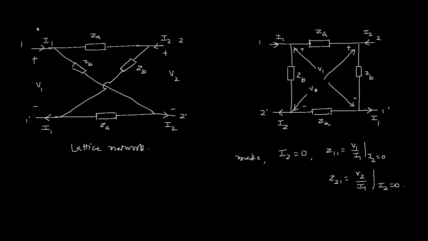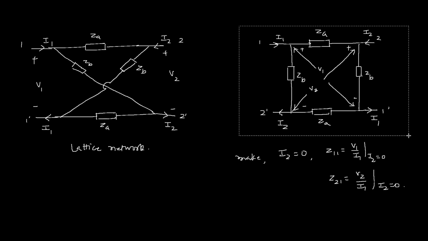So if we make I2 0, it means no current is coming in from the two-port terminal 2. This current is 0. And no current is going out from 2 dash. So the circuit looks like this.